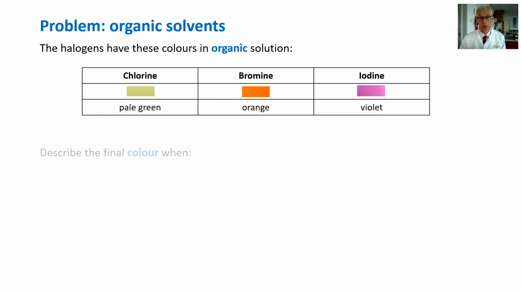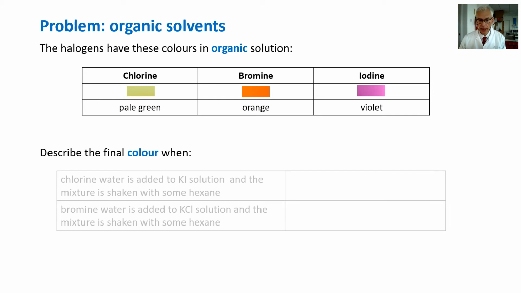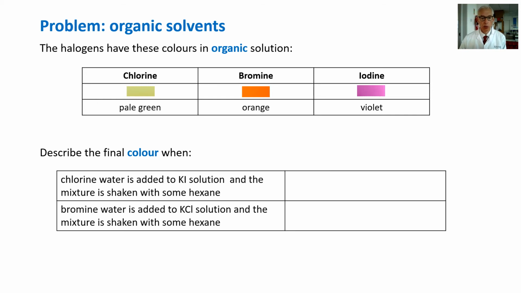So the sorts of problems would be exactly the same. Describe the final colour in the organic layer, I should add, when chlorine water is added to potassium iodide solution and the mixture is shaken with some hexane, and then bromine water is added to potassium chloride solution and the mixture is shaken with some hexane.